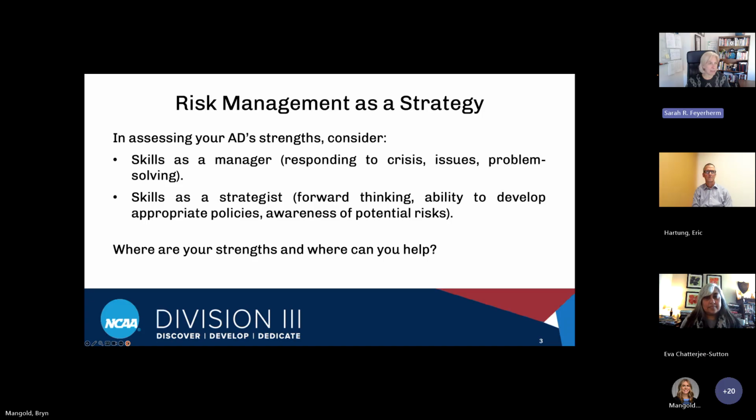We're used to thinking about risk in so many areas, whether you're a student affairs person or in enrollment or in academics or any other area. So we think it's a unique position for us to be in, and we wanted to do this presentation to really leverage those strategy skills that we know ADs already have and attach them to athletics.